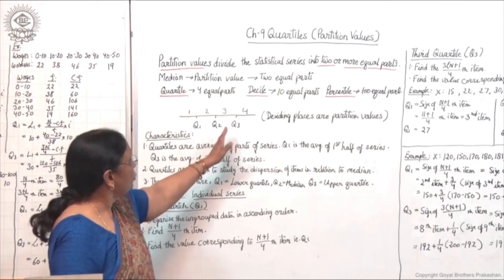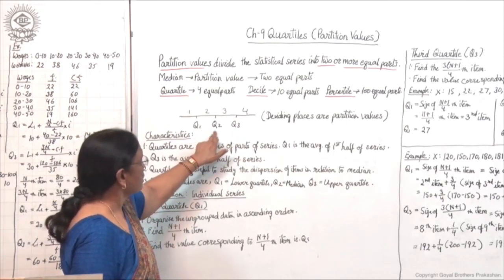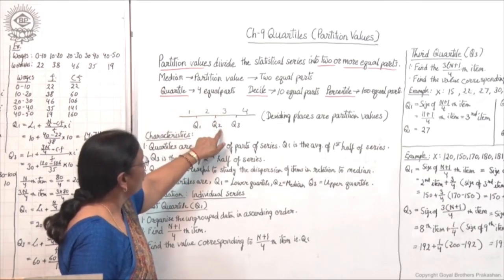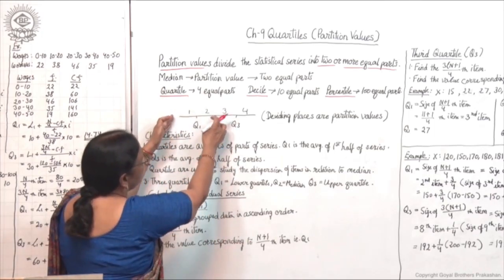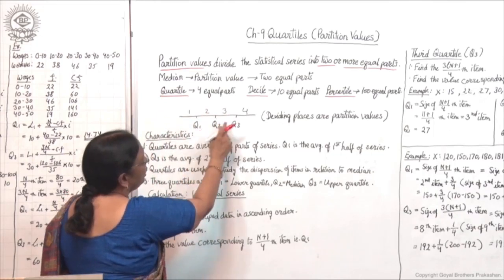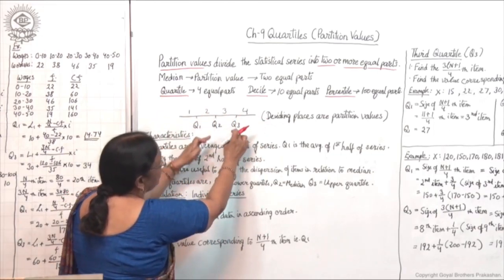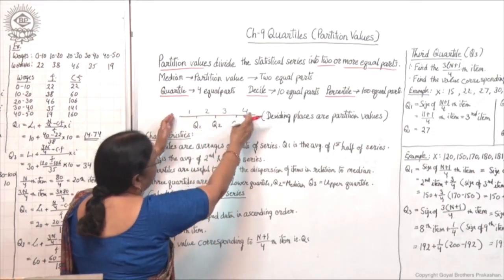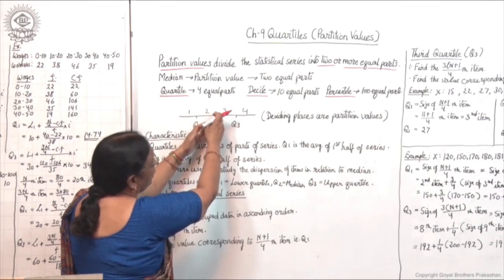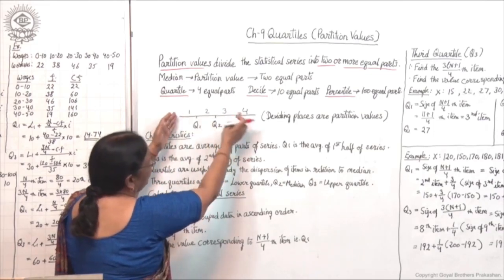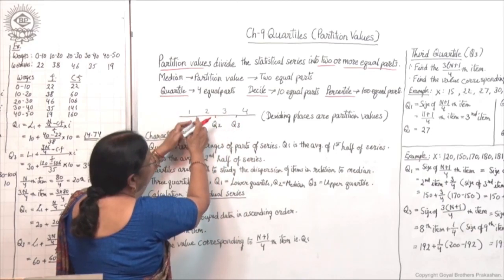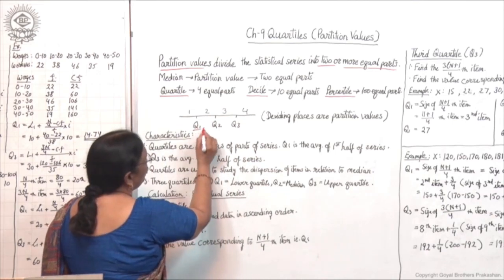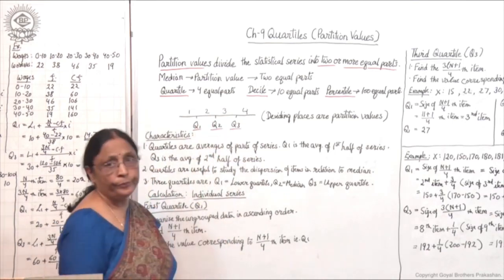When you divide it with 3 cuts, first you divide it at the central value, that will be Q2. Then the series is again divided in half, that is Q1, and the other half again divided, that is Q3. Then only will you get equal parts. So you will get Q1, Q2 and Q3.